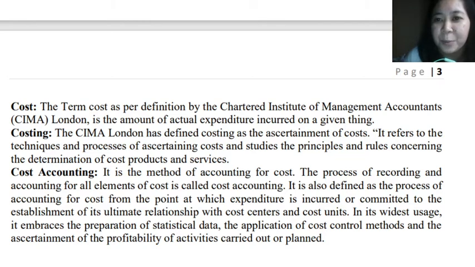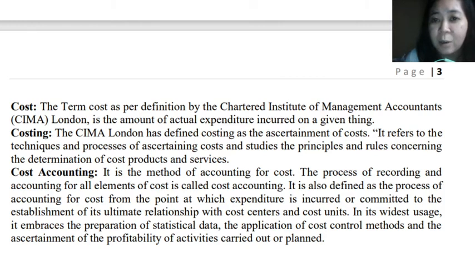Please be familiarized with these terms. Cost, again, is the amount that was spent for producing a product or rendering of services, while costing, on the other hand, is the process or the methods used to determine or accumulate the cost elements.